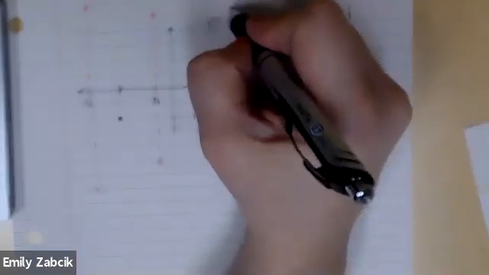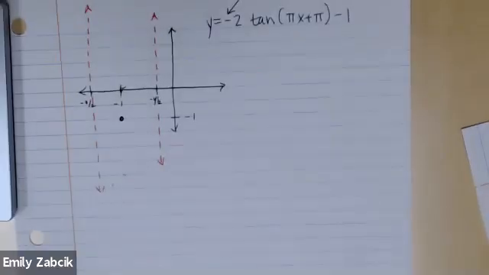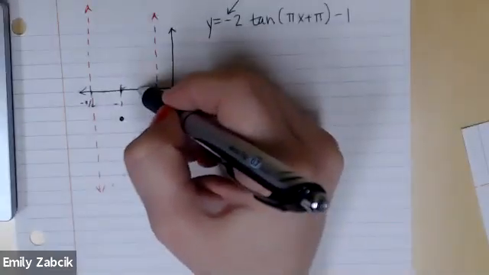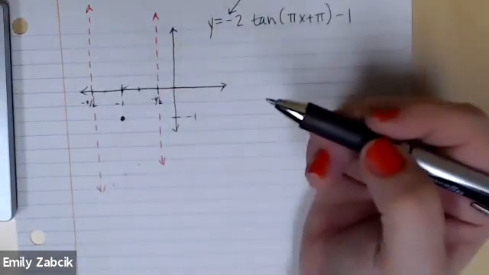I also note that I have a negative in front of this. And as you remember with basic transformations of functions, that's going to cause me a reflection. And then if I were to plot 2 points halfway in between, I would be looking at -1/4 and -3/4.